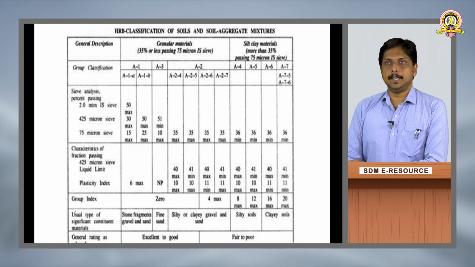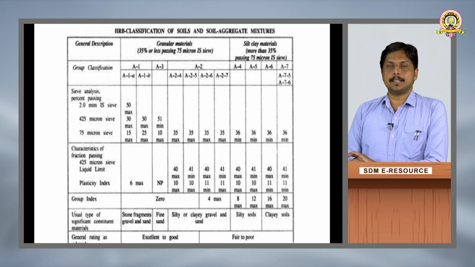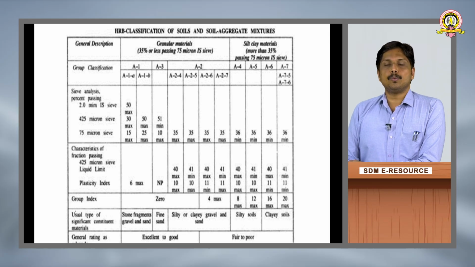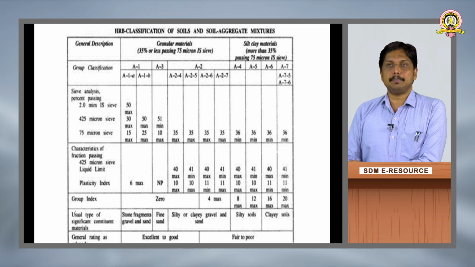In this chart you can see the group classification sieve analysis data, and once we know the percentage passing 75 micron, we have to proceed from the left towards the right. Say for example, if the percentage passing 75 micron is 30, in A1 we can see 15 is maximum, in A1B 25 is maximum.